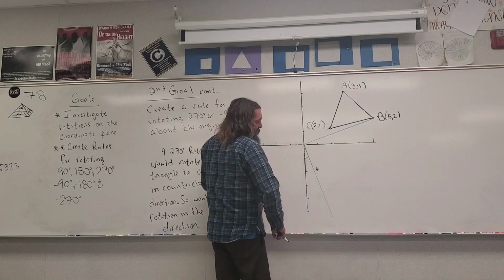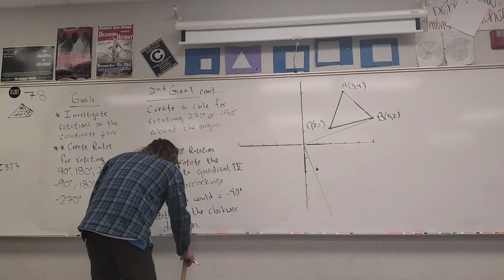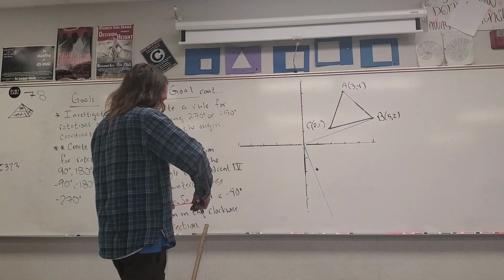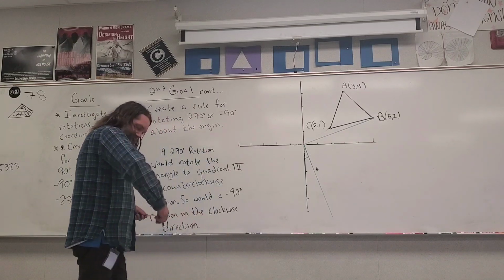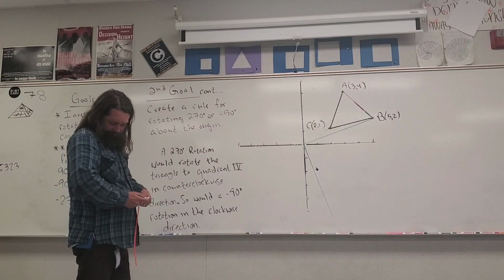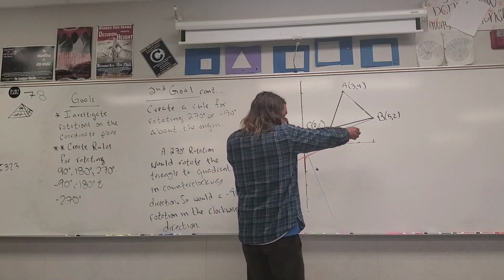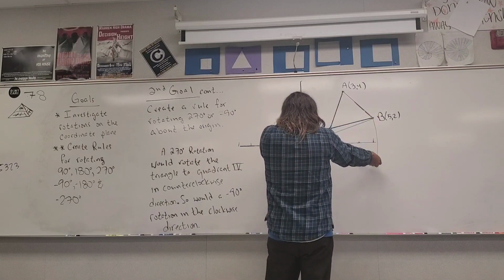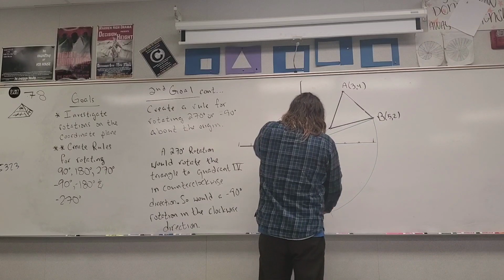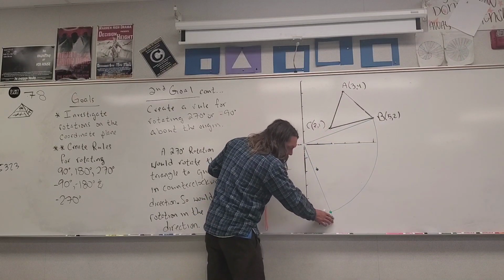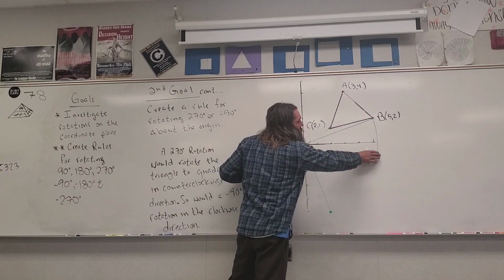All right, so let me rotate this. I hope my compass is long enough to rotate it. All right, it's close. So this is where B prime is. That's where it would rotate to.